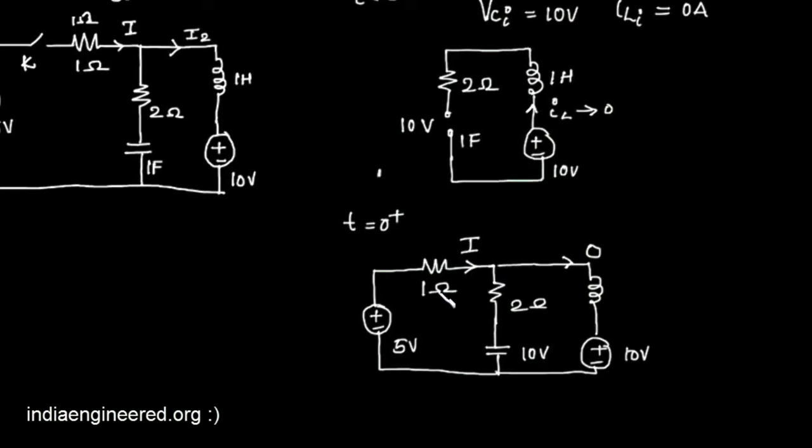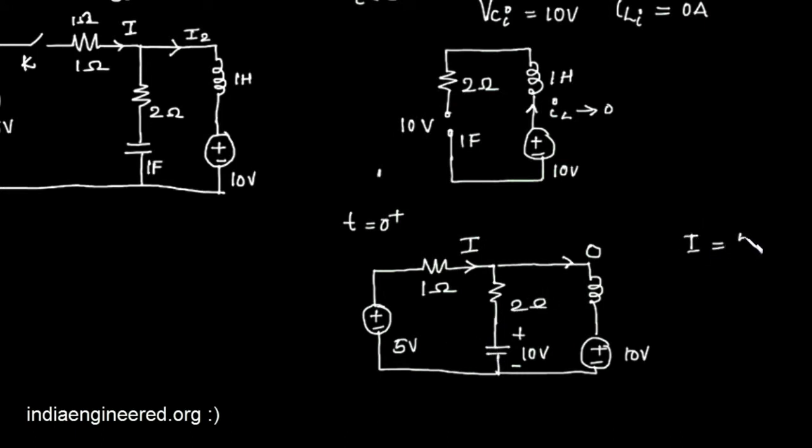Now what will be the current? We have 5 volts here. We have 10 volts here and no current is flowing in this direction. So that means we have 3 ohm across a potential difference of 5 volts. What is the current I?